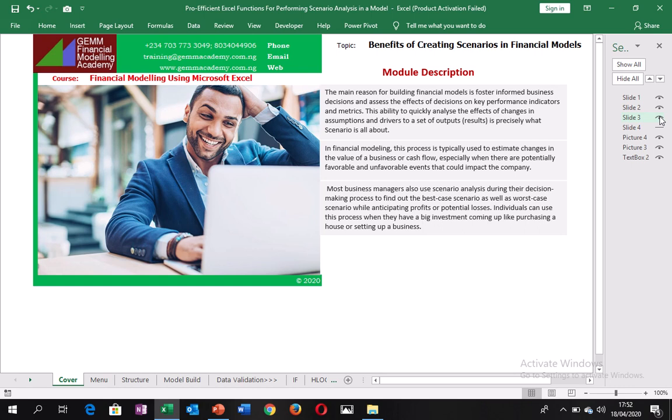So they need scenario analysis in order to answer these questions. Individuals can also use this process when they have a big investment such as buying a house or setting up a business.